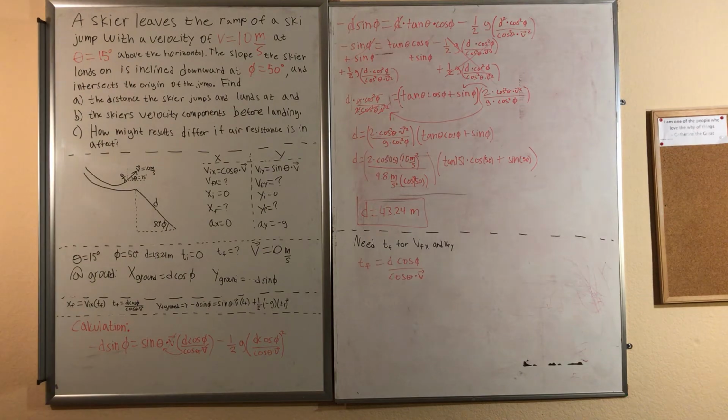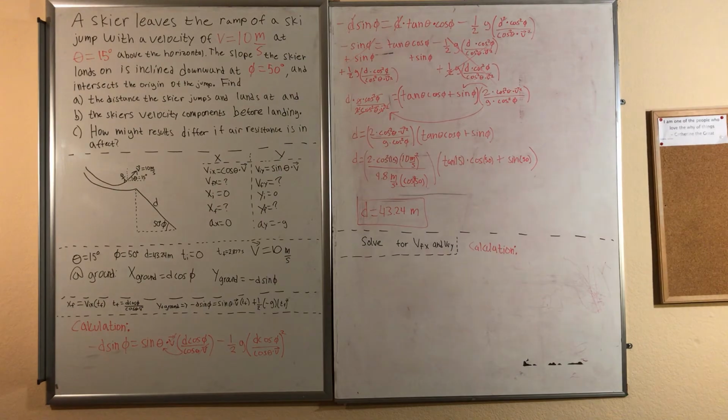So time final equals d times cosine phi divided by cosine theta times velocity, plugging in to get 43.24 meters times cosine of 50 divided by cosine of 15 times 10 meters per second. Cancel the meters and bring the seconds up to get our final answer of 2.87746 seconds. Write that in the time final now, leaving just the velocity x and y components to find.